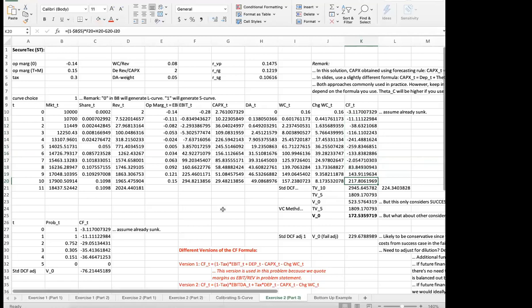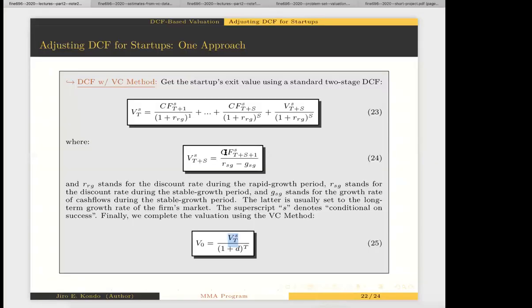Conditional on success, what would we expect the value of this startup to be once it stabilizes? There's a practical reason for asking that question, which is we would expect its value at that point in time to just be the value of a growing perpetuity.